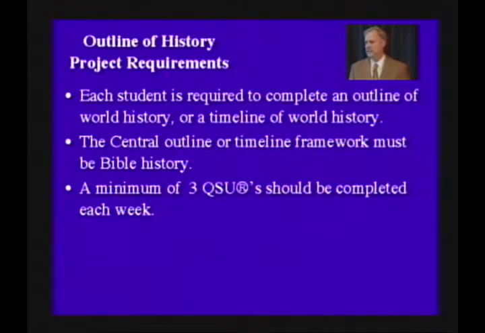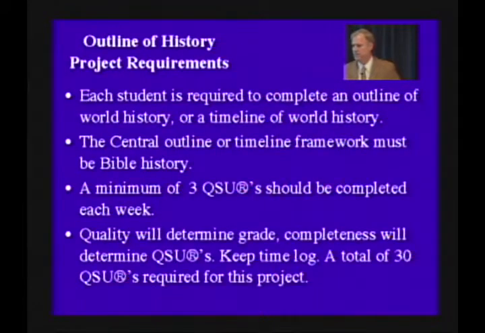Okay, so the idea is, as you work on this timeline from time to time, there needs to be a substantive amount of work in it equaling 3 QSUs, or about 3 hours of work for each session, which is the minimum requirement. And then I'm going to determine your grade based on the quality and the completeness.